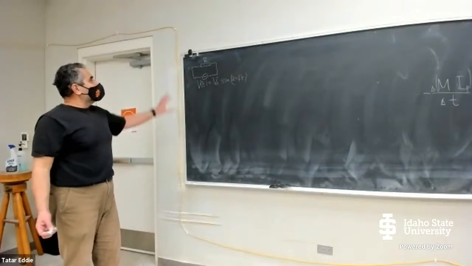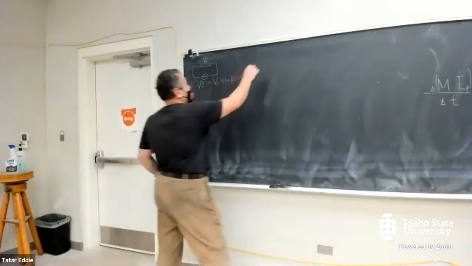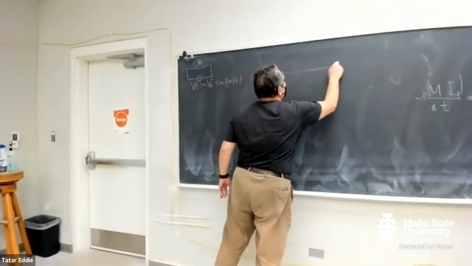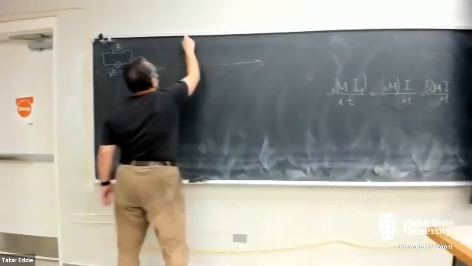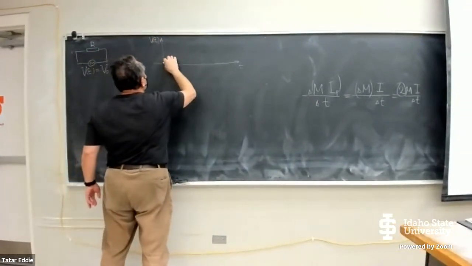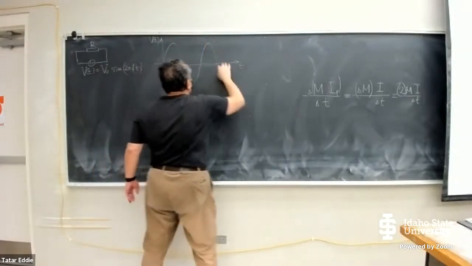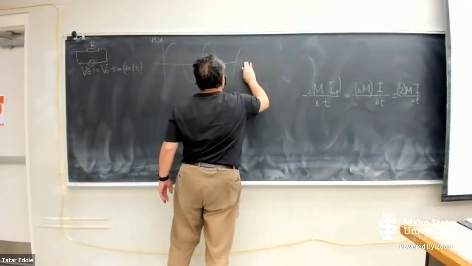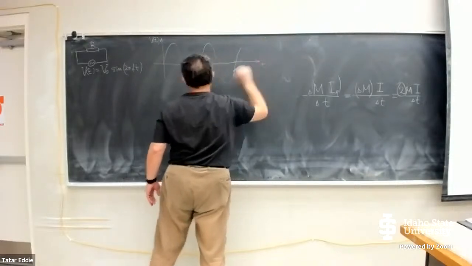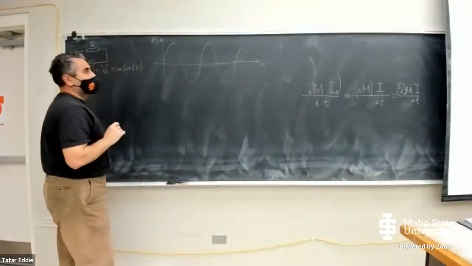And we said that for this simple circuit, the instantaneous value of the voltage at any moment of time, so V at a certain moment of time t, looks like a standard sine function, just the way we know it.